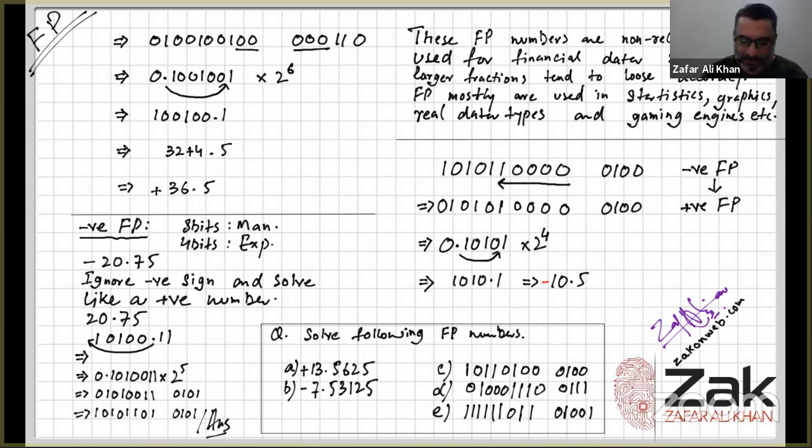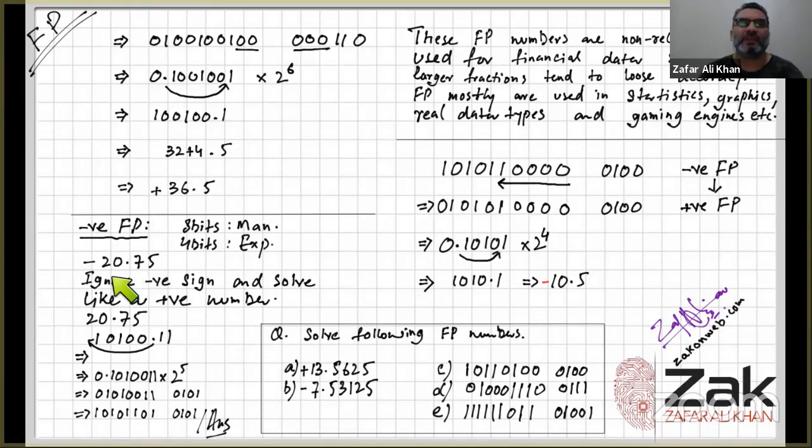Afterwards, we discussed that until now we have resolved positive denary to floating point binary and positive floating point binary to denary. Now let's solve negative denary to floating point binary. Let's say we have got a number given, minus 20.75, and we have to fit it in 8 bits mantissa and 4 bits exponent.